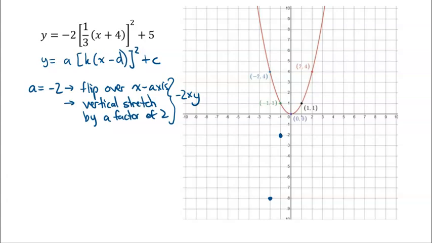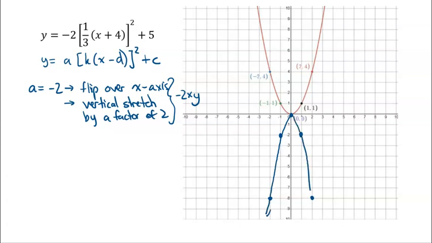We take 0, 0, that's not going to change. -2 times 0 is still 0. -2 times the y value of 1 there is going to make it -2. And the -2 times that 4 is going to make that -8. And so we're going to have those points right there.